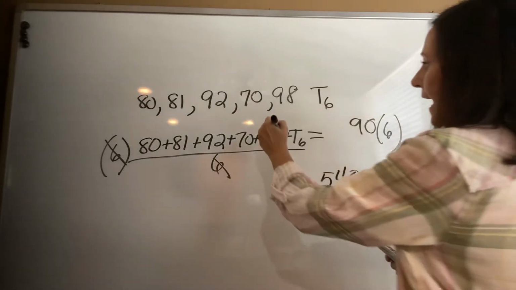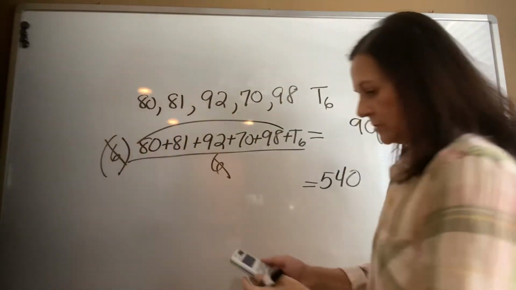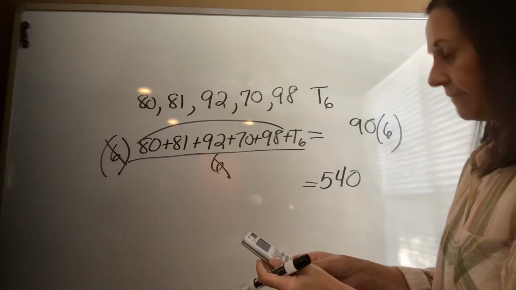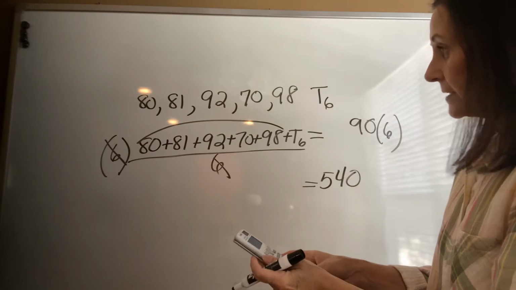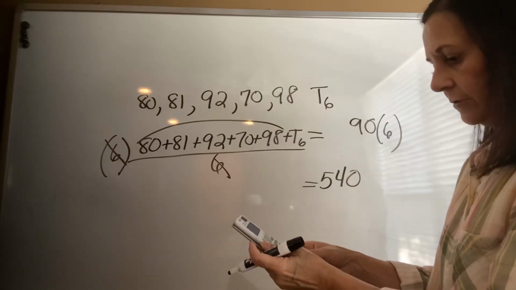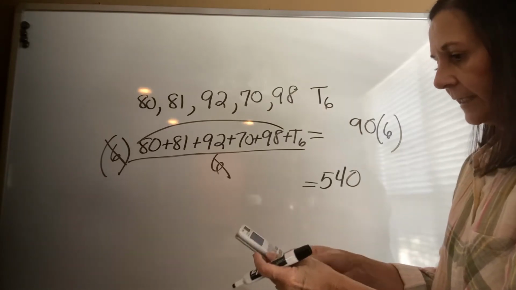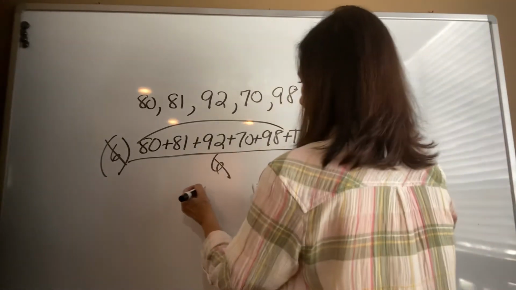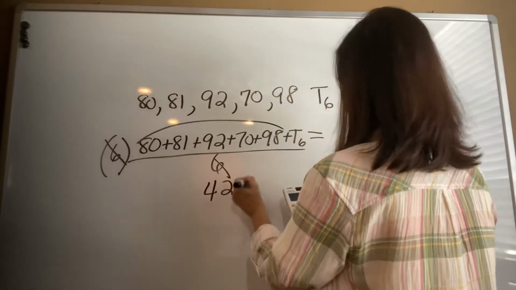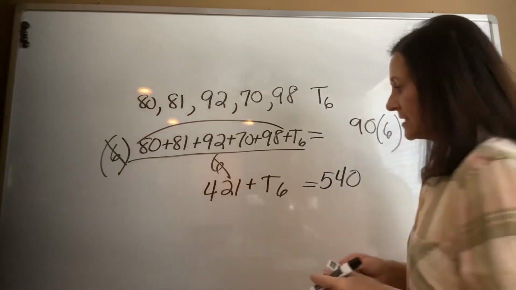I'm going to add all of those values and just leave them as one. So it's 80 plus 81 plus 92 plus 70 plus 98. So it's 421 plus whatever he makes on test 6.